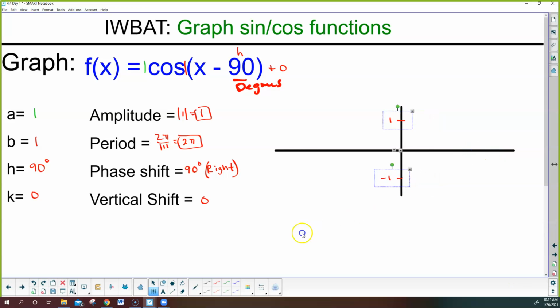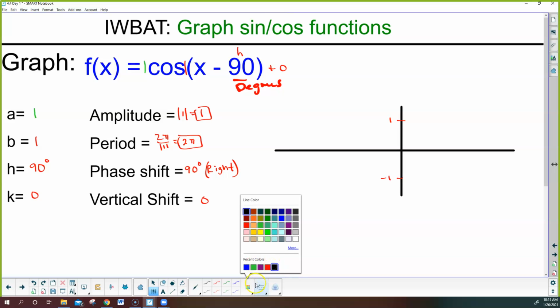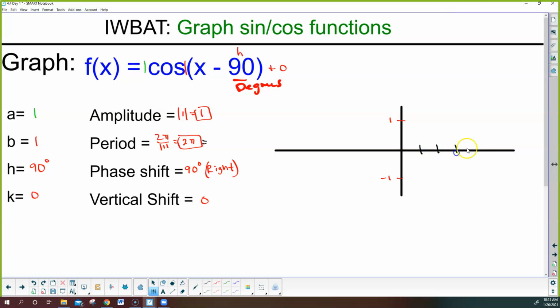The only thing we have to be careful with is, okay, well, wait a minute. I just said that I kind of have conflicting pieces, right? I said I'm going to shift things 90 degrees, and I said my period is 2 pi. So if I do 1, 2, 3, 4 tick marks, we always put 2 pi here, but if we're doing everything in terms of degrees, I'm just going to call that 360 instead of 2 pi.